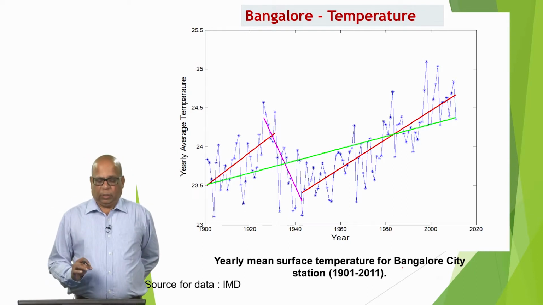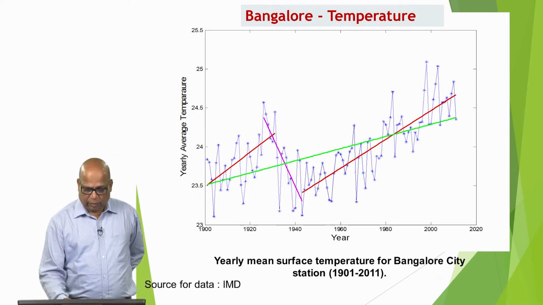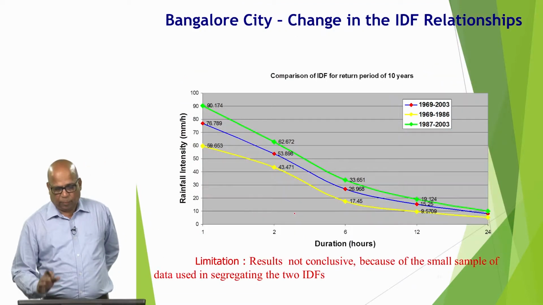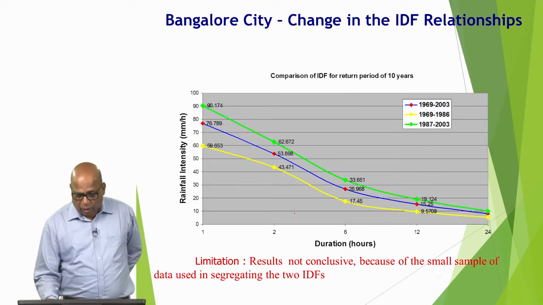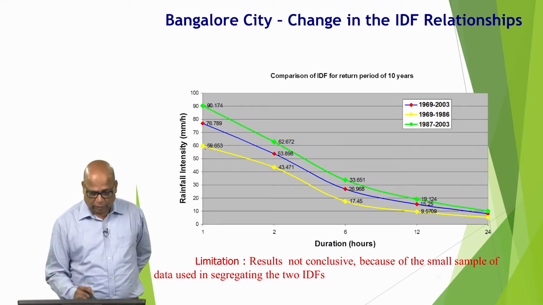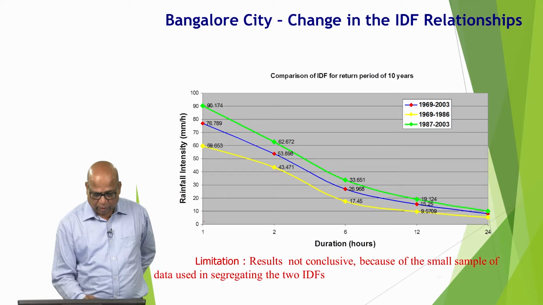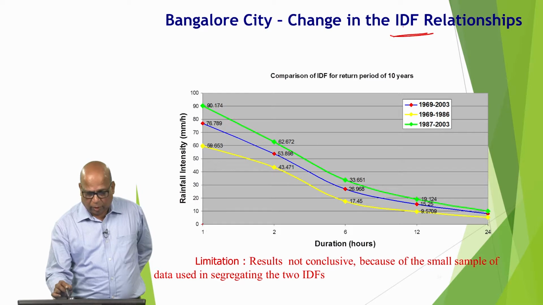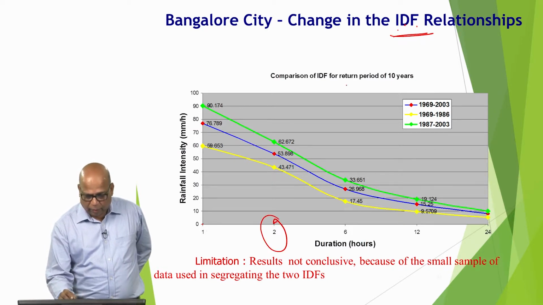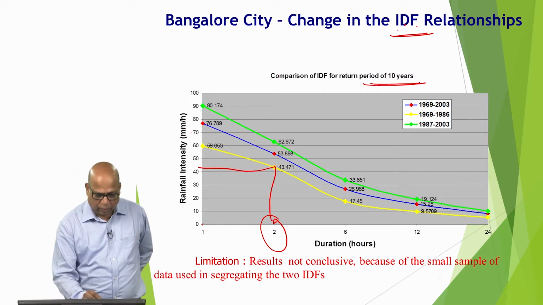So, we look at Bangalore city and we see that in the recent past the temperatures have increased significantly. This is just the past. Similarly, we look at the past rainfall. As I said, the duration of the rainfall which causes floods is much smaller in urban areas, for example, 1 hour, half an hour, etc. The IDF relationships, the intensity duration frequency relationships, provide, for a given duration and a given frequency, which is a return period of 10 years, what is the intensity of rainfall in millimeters per hour.